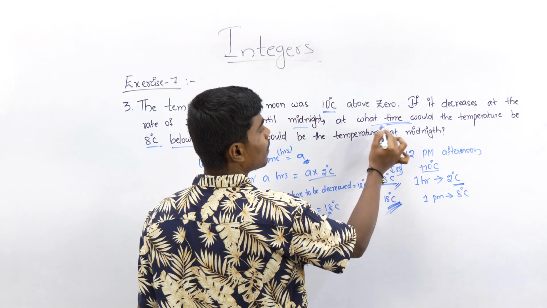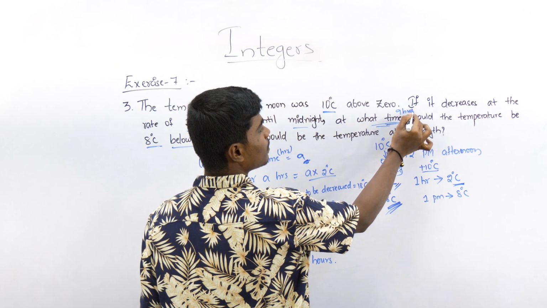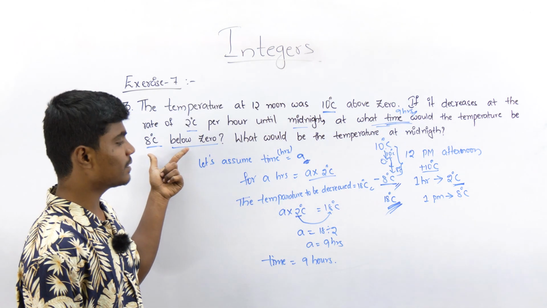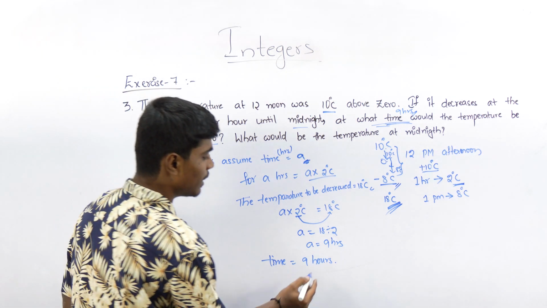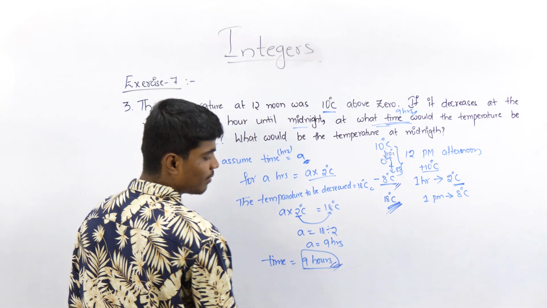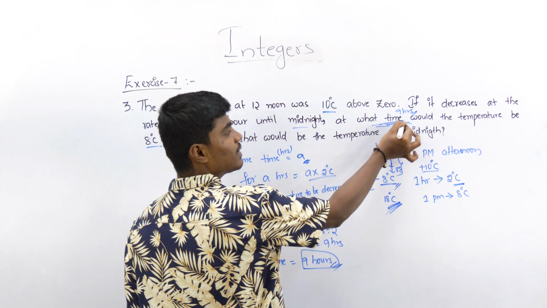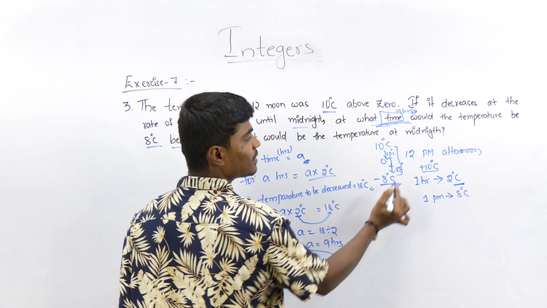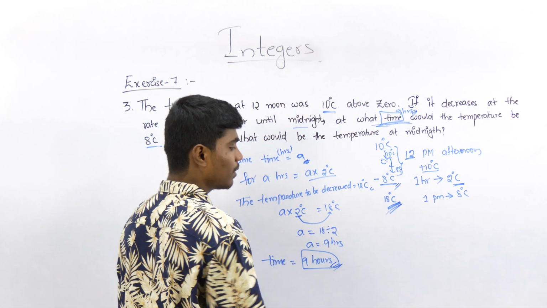So in 9 hours, it will decrease to minus 8 degrees Celsius. Here it is taking 9 hours, but he is asking for the time, not hours. It started at 12.